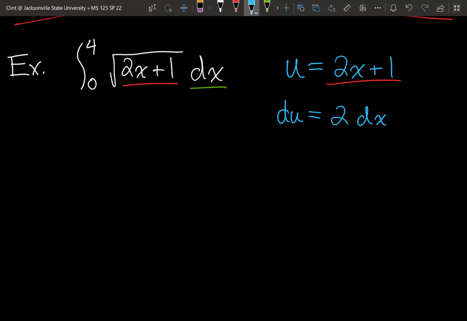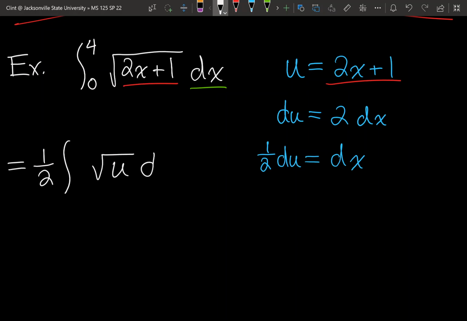Same kind of idea as the ones we've seen. We can divide both sides by 2, or multiply both sides by 1/2, and we get dx. Up to there, it's exactly the same as what we've already done. We're going to have 1/2 the integral of the square root of u du. I forgot the constant.